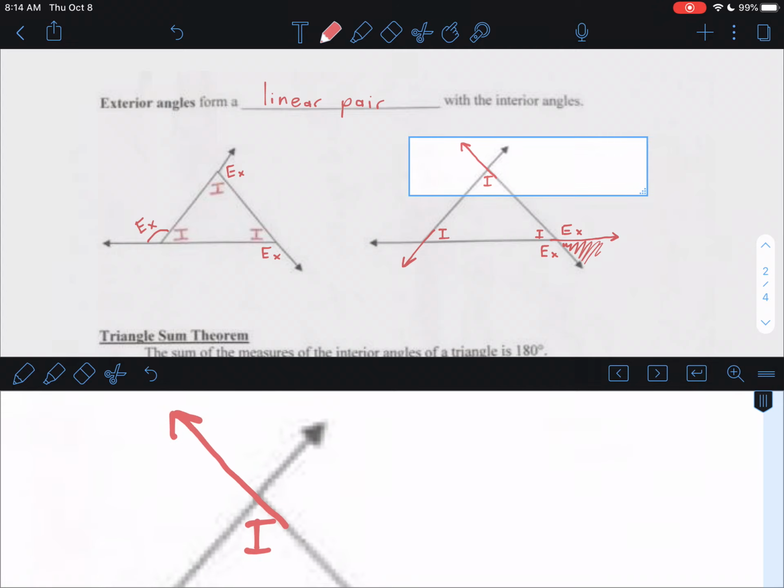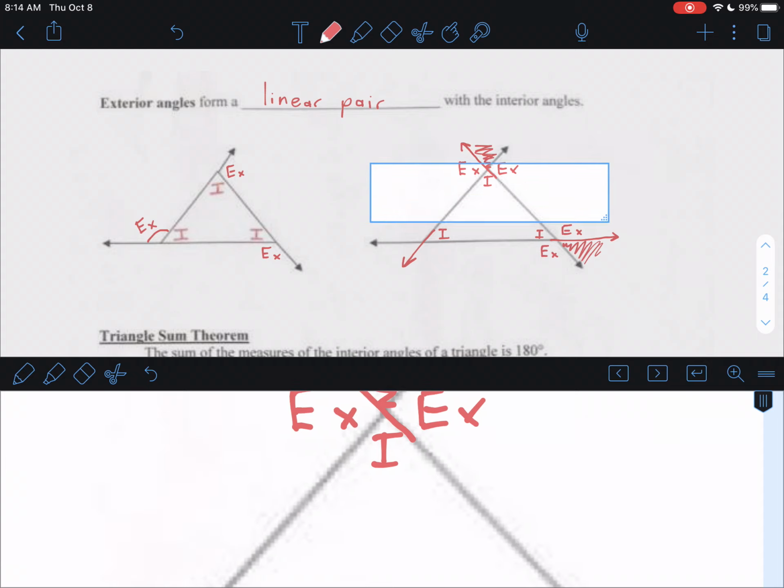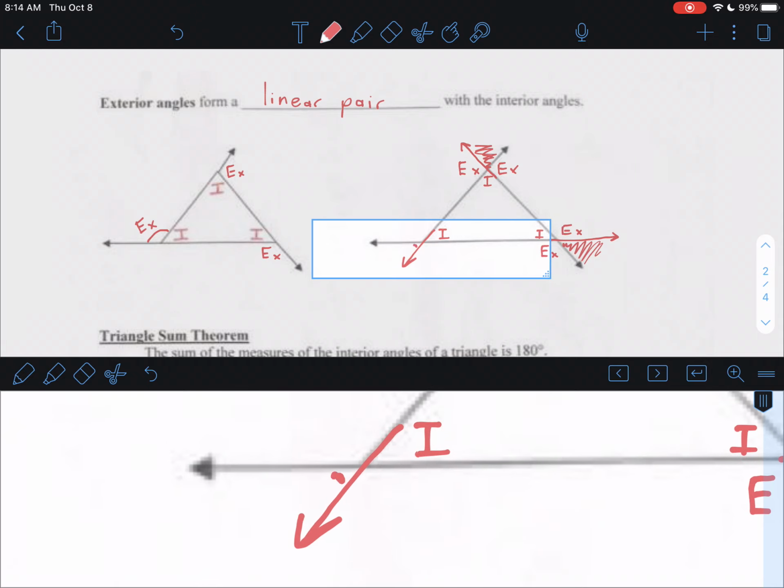And I'm going to do pretty much the same thing on all three angles of this triangle now. So two exterior angles are formed there if I were to continue both lines of that triangle. But as always, they will form a linear pair.